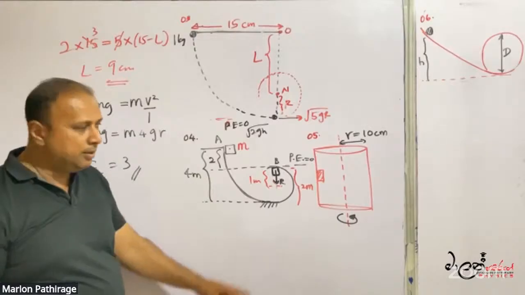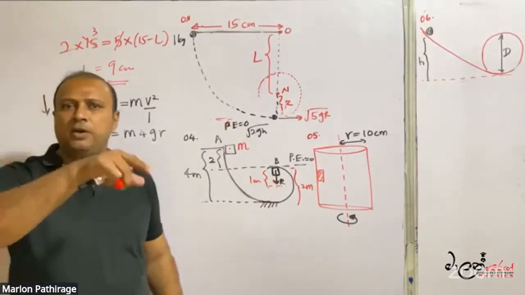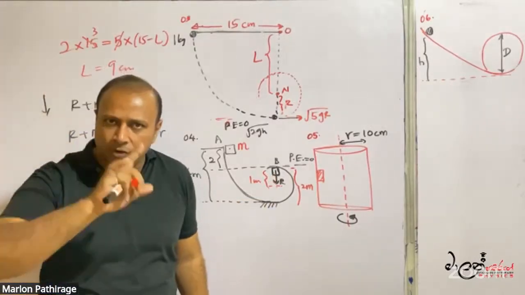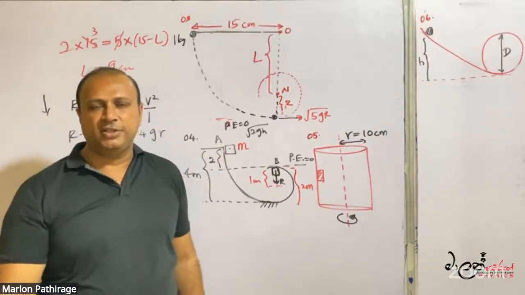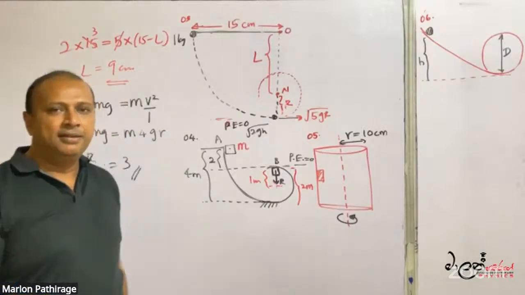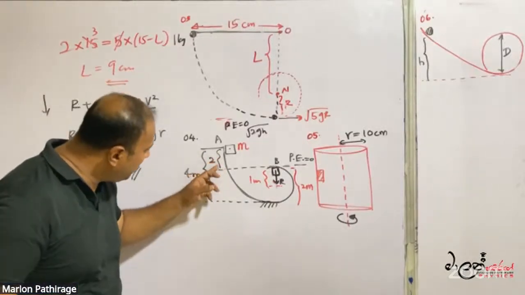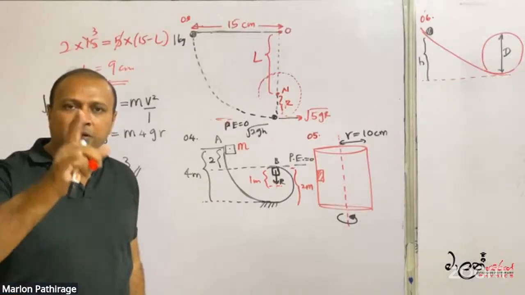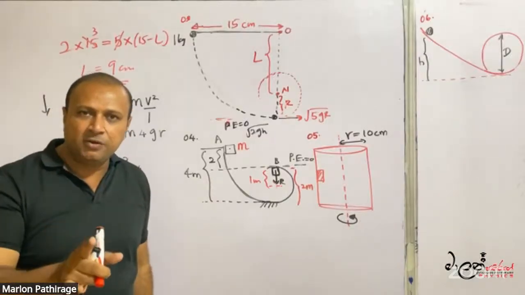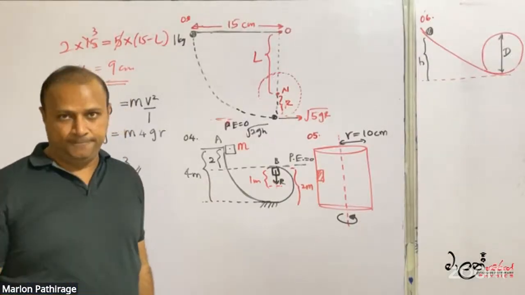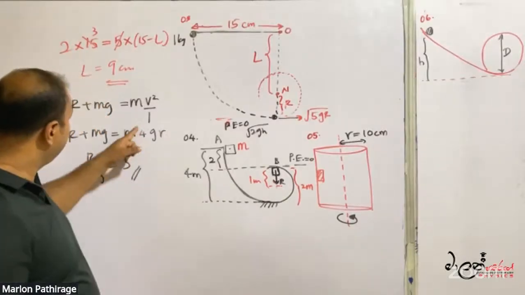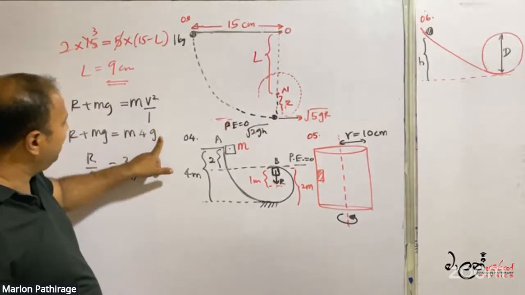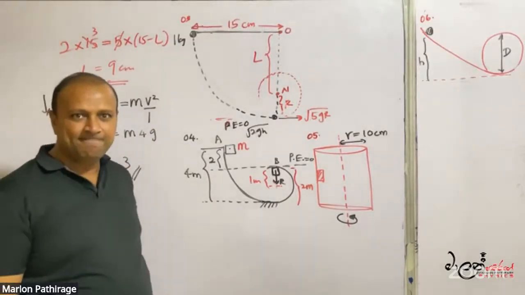Therefore, the velocity should be equal to square root 2gh. You know that. Since h is equal to 2, square root 2gh gives 4g.